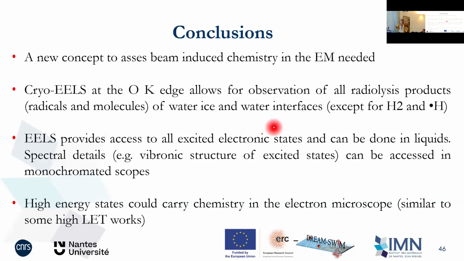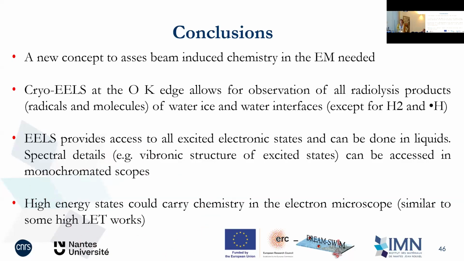We have used cryo-EELS to look at the oxygen K edge, which gives you access, for water, to many of the radiolysis products that you are producing. And also for looking at the excited electronic states in liquids, which, if you have very high energy resolution, even shows vibronic structure.